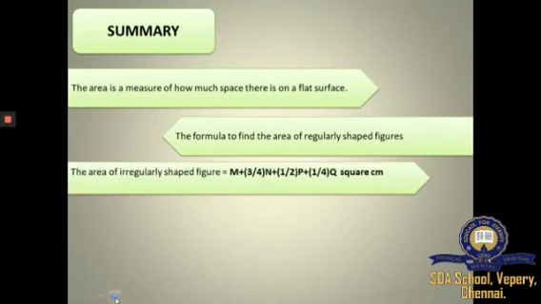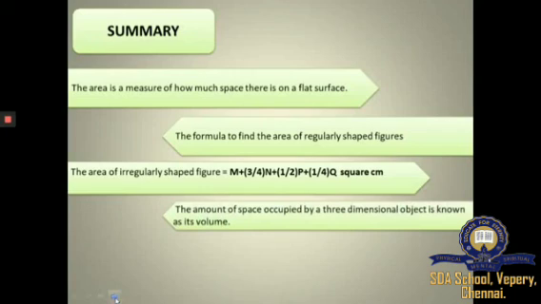The next is the area of irregularly shaped figures. We use the graphical method to find the area of irregularly shaped figures, and the formula is m plus 3 divided by 4 n plus 1 by 2 into p plus 1 by 4 into q square centimeter.